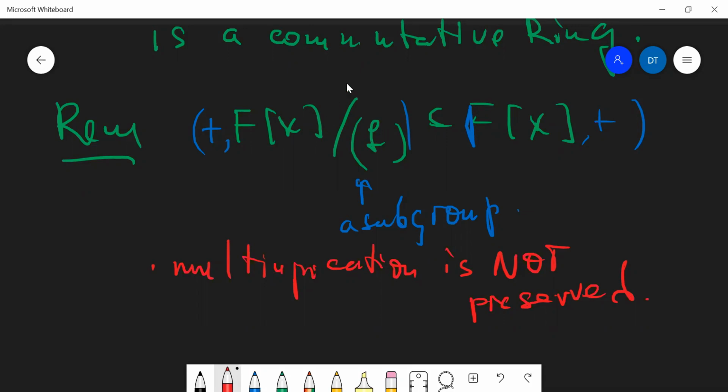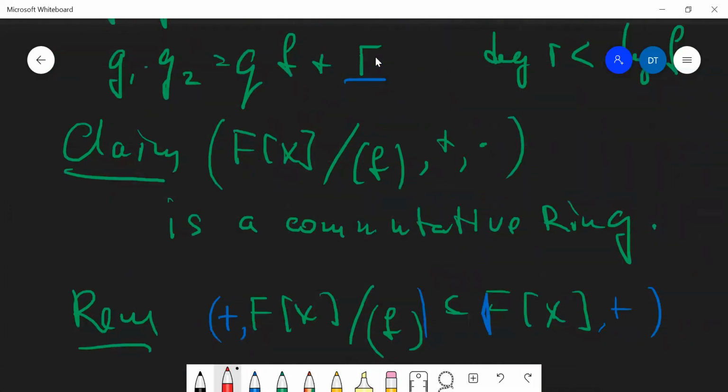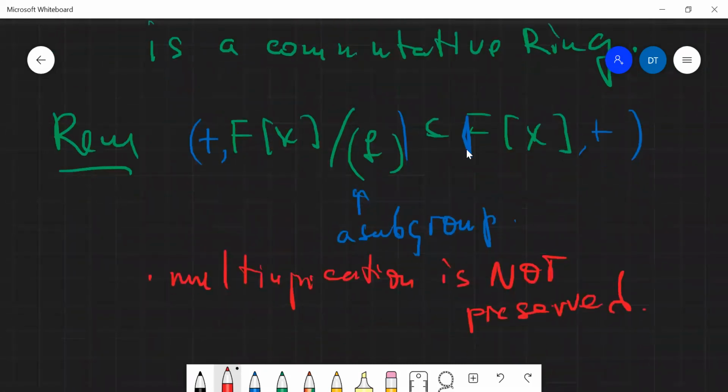And it's clear from this formula. If you multiply elements here, the result is r, but if you multiply the same polynomials there, the result is just g1 times g2. So that's why this embedding is not an embedding of rings. So this is not a subring.